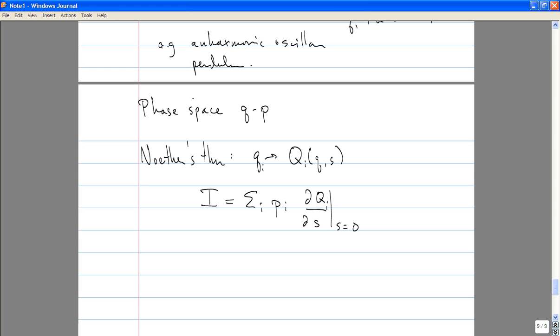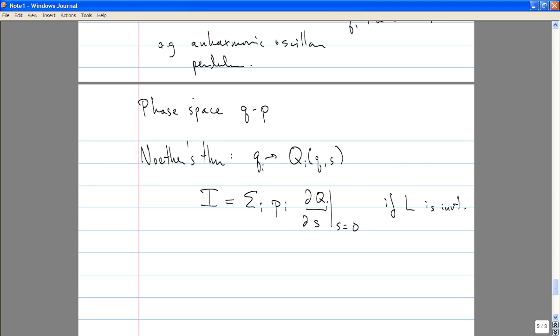On your problem set, for example, you saw that this expression for the conserved charge is true if the Lagrangian is invariant. On your problem set, you understood how to generalize this to take into account the case where the Lagrangian is not invariant, but only the action is invariant.